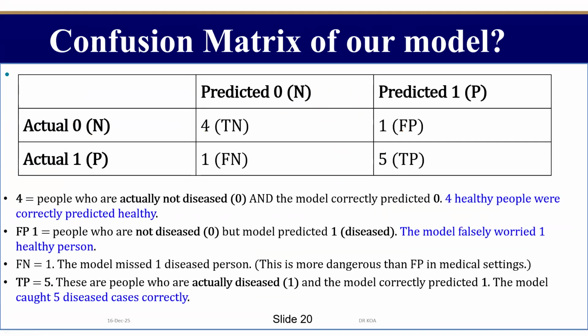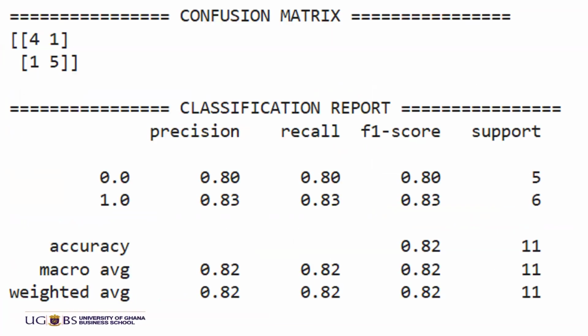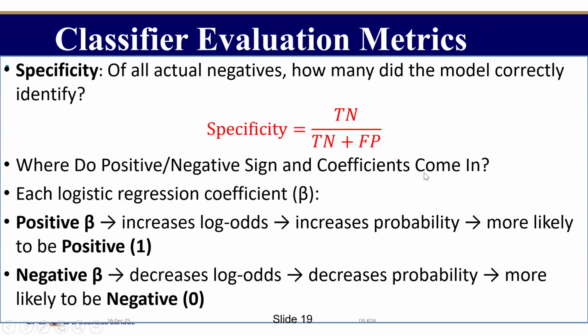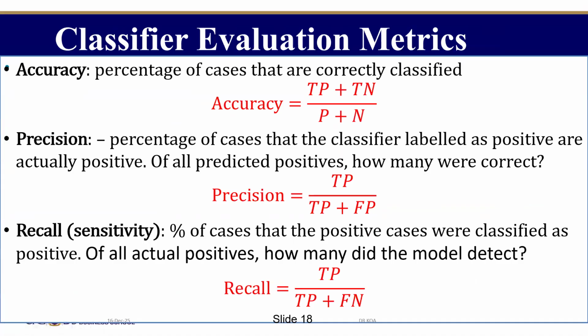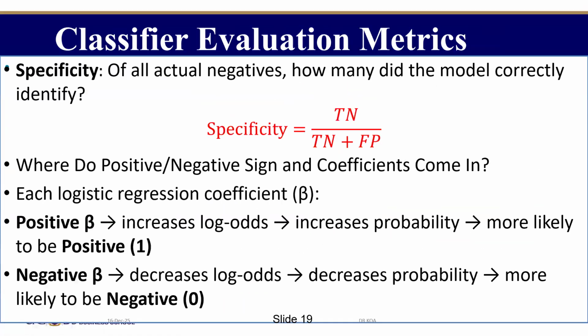They are supposed to be the same because they are 1 and 1. So when you check recall, it's also going to be 83, just like the precision. The F1 score is going to be the same thing as that.